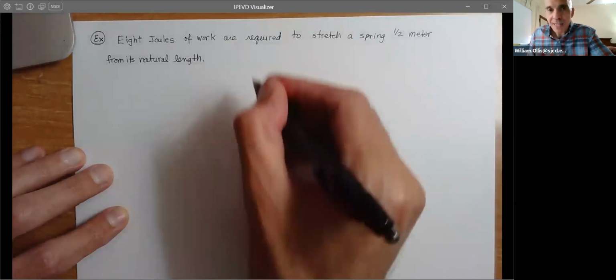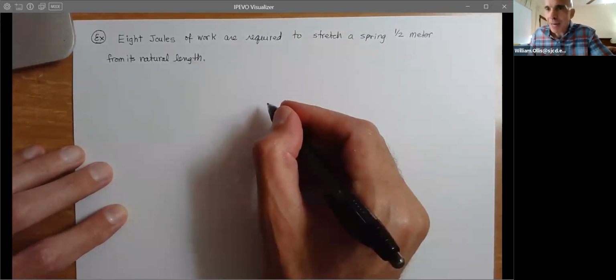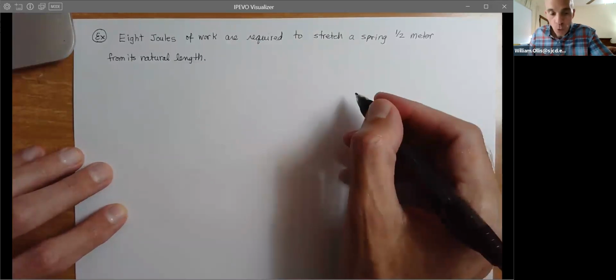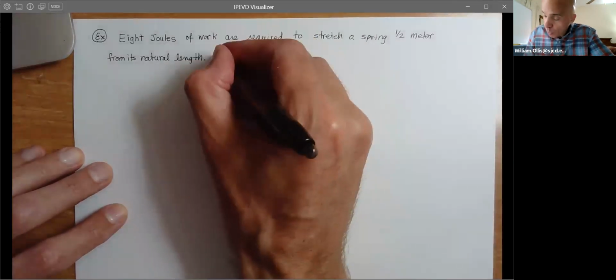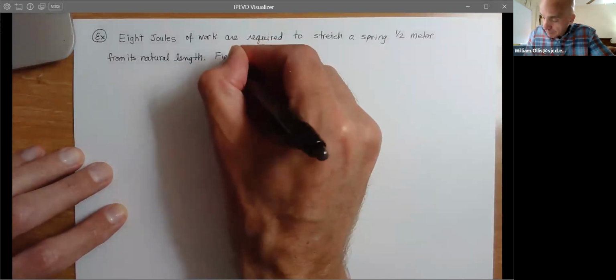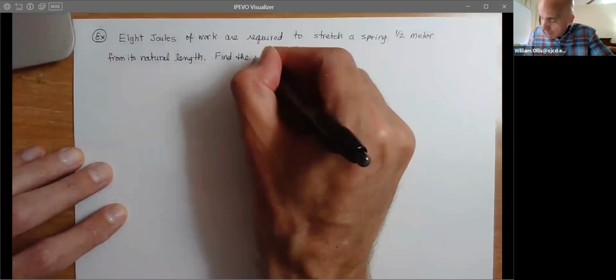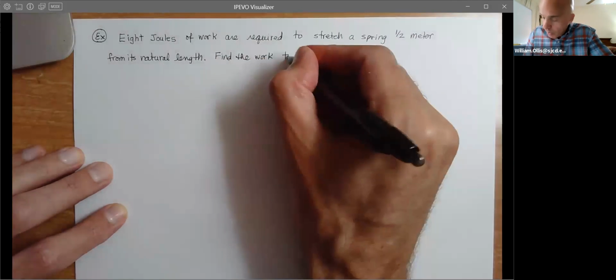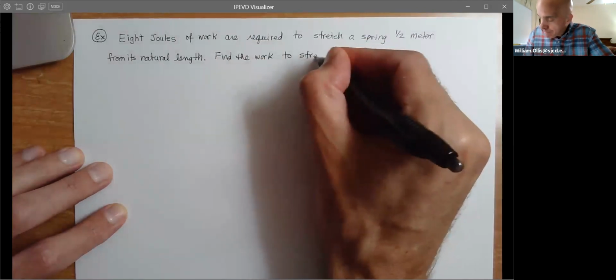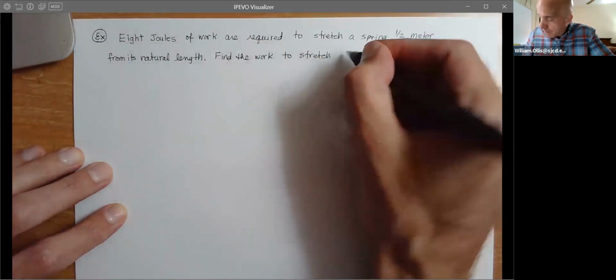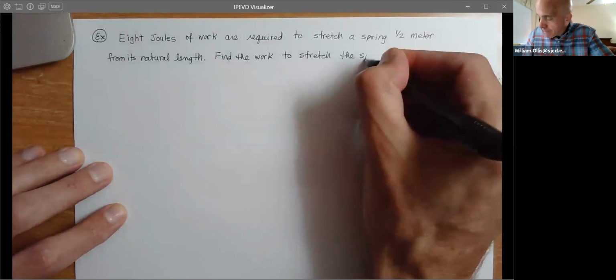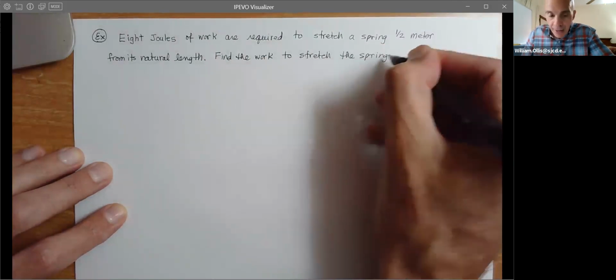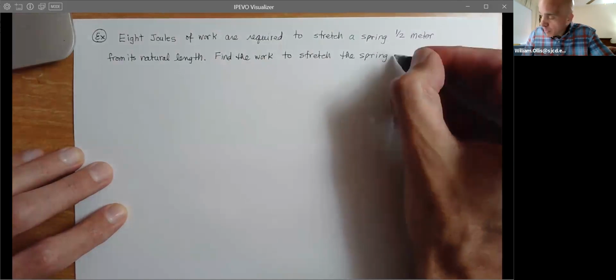Okay, so that's a big given. That will give us information that we need to move the problem forward. Then it says find the work to stretch the spring an additional 2/5 meter.